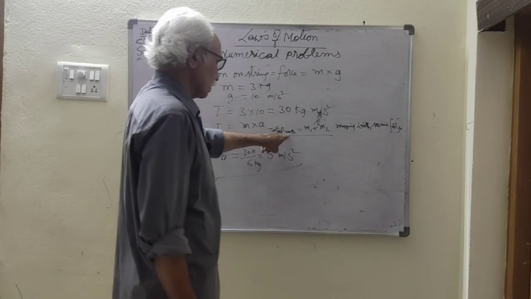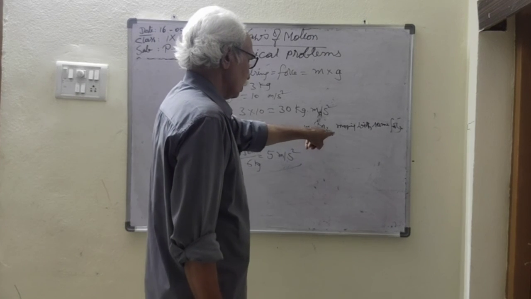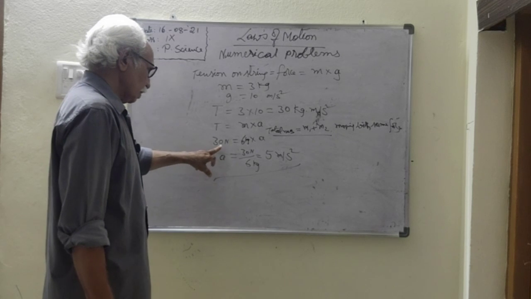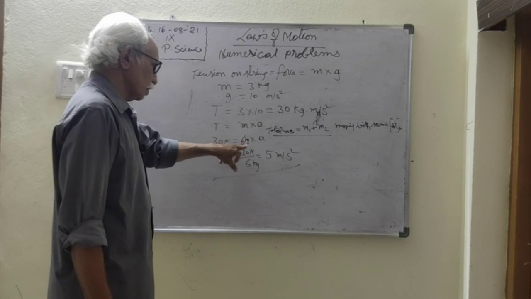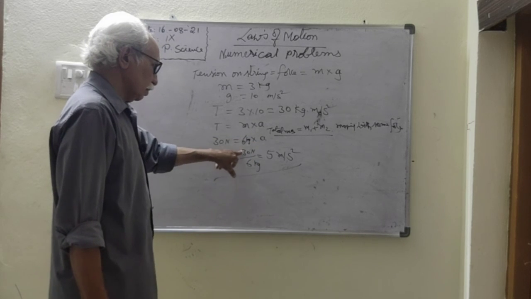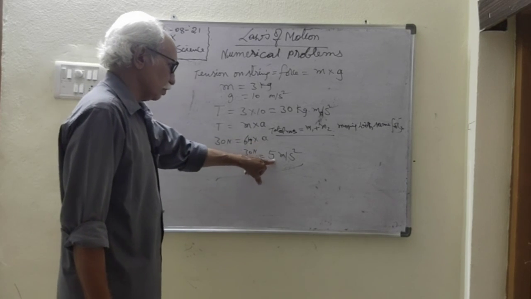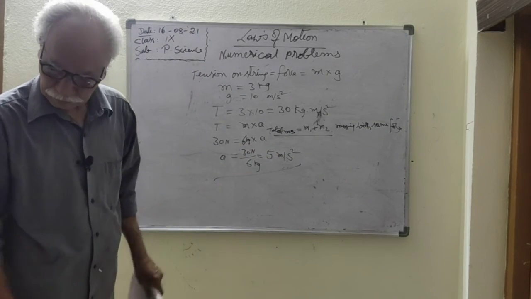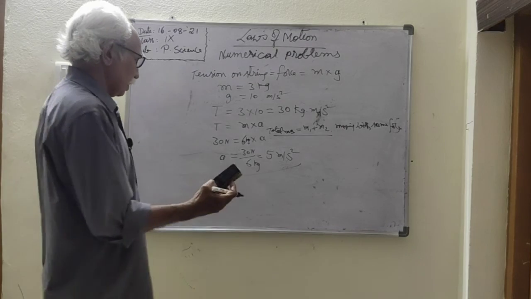The total mass here, m1 and m2, are moving with the same force. Therefore 30 newtons is equal to 6 kg into acceleration. So acceleration is equal to 30 newtons by 6, which is 5 meter per second square. So that is the answer. Okay, right. Now go to the next.